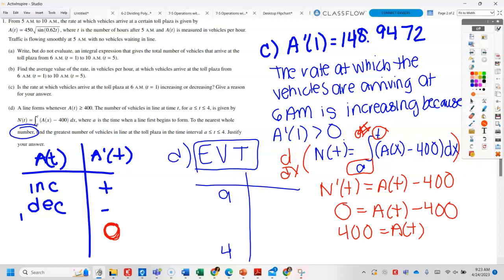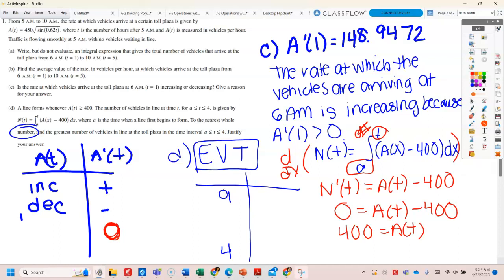So again, you have your original function, y1. And you should get 2 points of intersection.